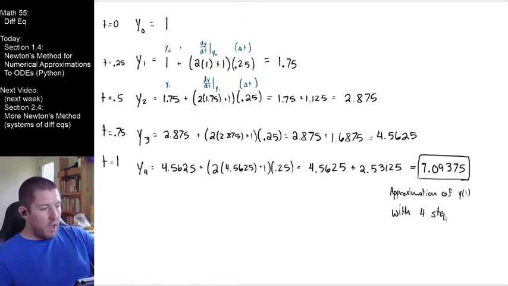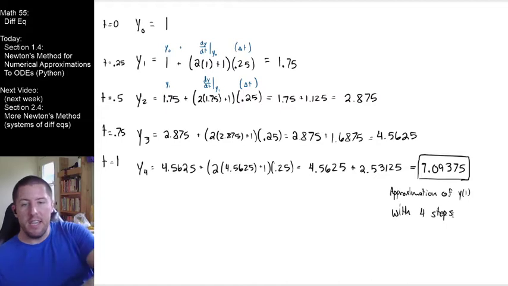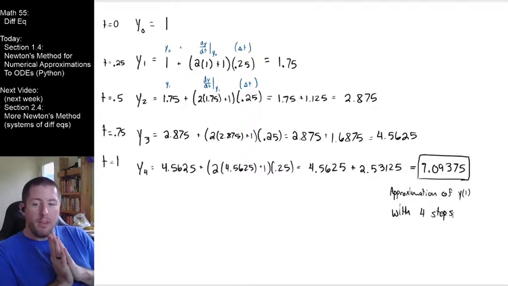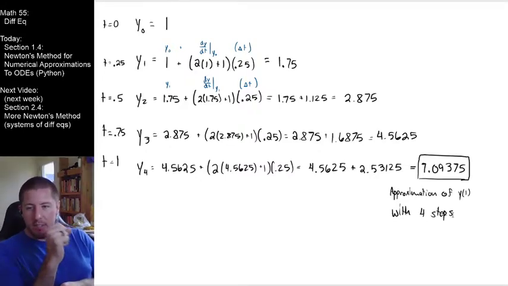Now, I hope that you, 1, found this to be relatively easy, although it's obnoxious because it's just a bunch of by hand computation. But 2, I hope that you have enough sense to think back to your Riemann sums and say to yourself, how good of an estimate do you think every Riemann sum was of its respective integral when you only used 4 rectangles?